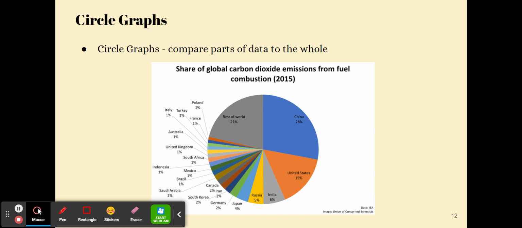In a circle graph, you're going to be using percentages because it's a way to consistently show the part to a whole. And if you are making a circle graph by hand, you're going to want some support from your teacher because it's a little bit tricky. If you're using something like Excel or Google Sheets, it's pretty easy to make your circle graph. You will also see circle graphs referred to as pie charts in some places. Again, you'll notice a table, you'll notice labels. So those things are really important.